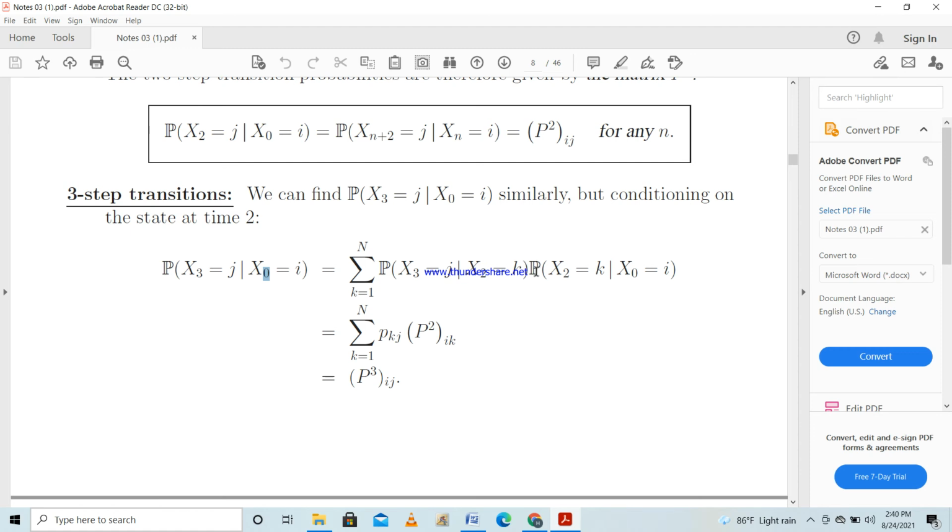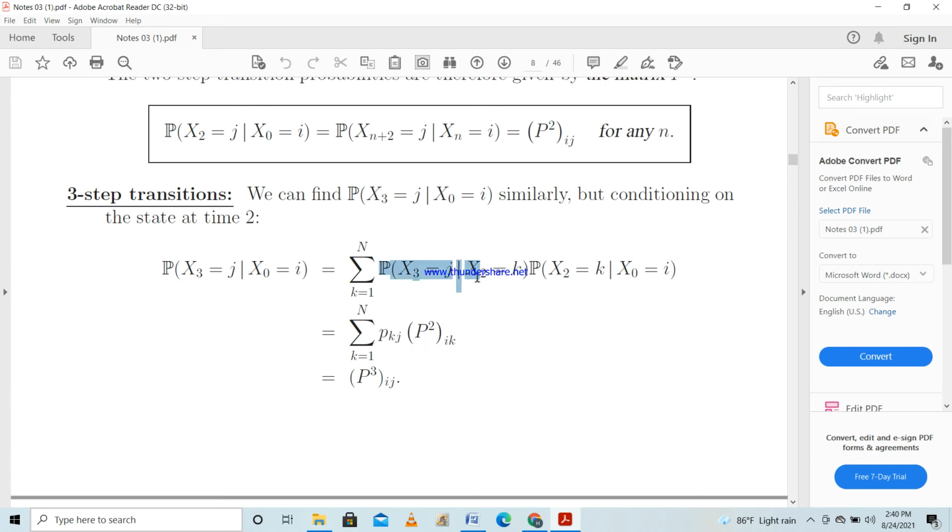And here, we can talk about when time equal to 0, given that we are at state i, and time equal to 2, we are at state k. So in this part, we are talking about the two-step probability. That is where the P squared matrix comes in. And here, reaching state j from k by one step, that is P_kj.